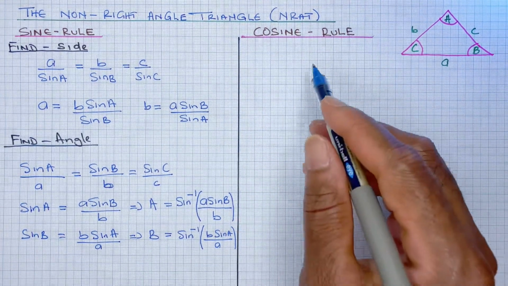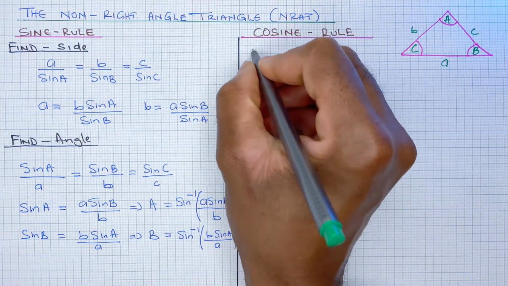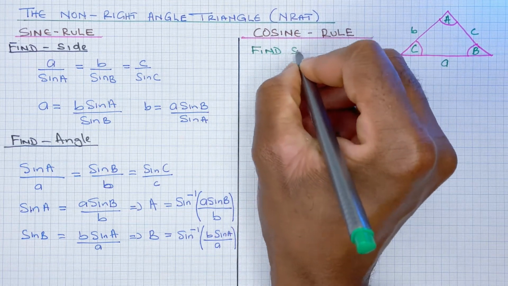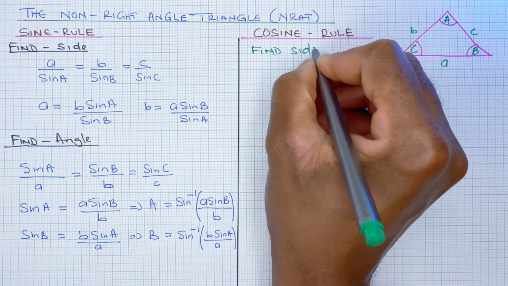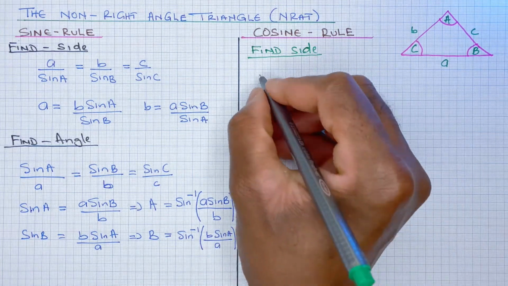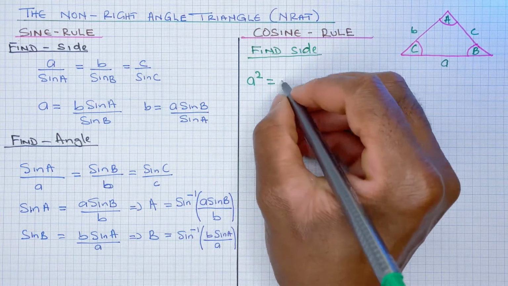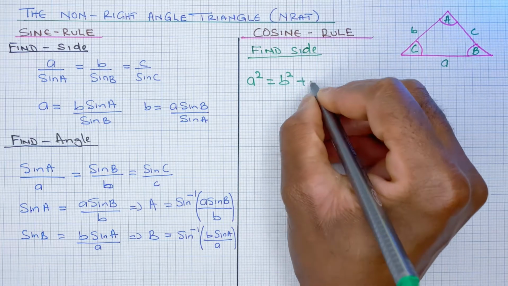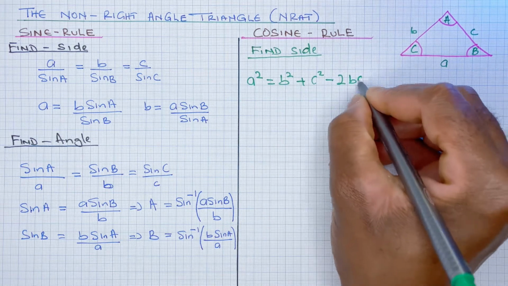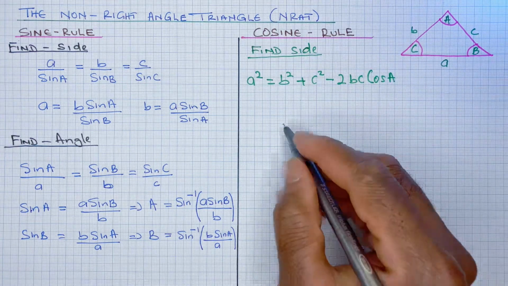But for the cosine rule, if you're going to find the side, all we have to do is say a squared equals b squared plus c squared minus 2bc cos A. So that's how you do that.